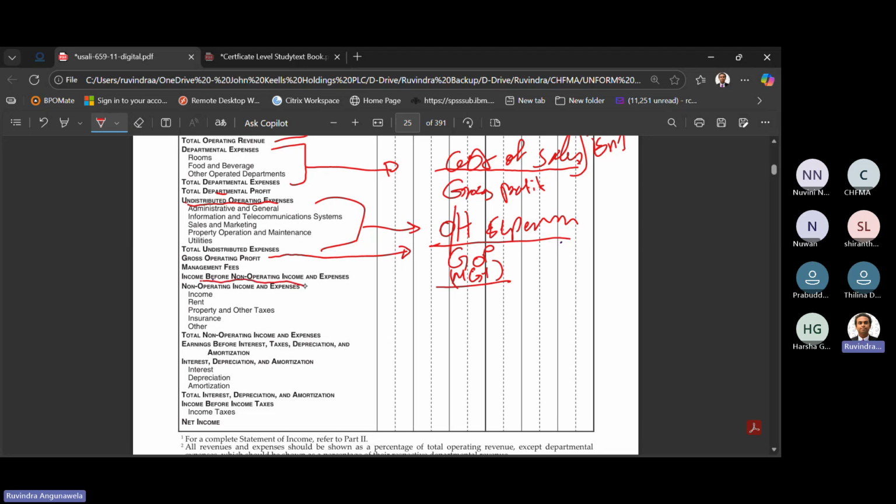So that is just GOP minus management fee. Then you see this line, non-operating income and expenses. These are the expenses that are non-operational. It doesn't really relate to the operation of the hotel.